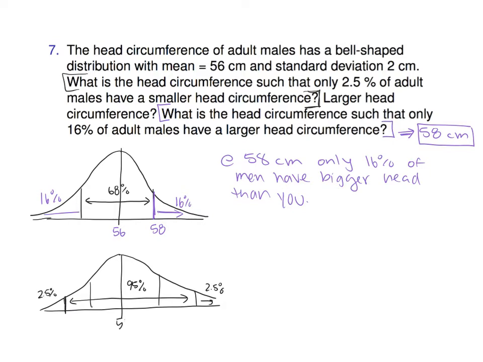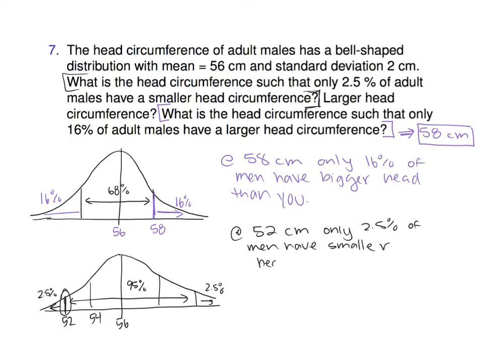Well, if this is 56, this is 54, and that's 52. And if you land right there, only 2.5% of people are below you. So at 52 centimeters, only 2.5% of men have a smaller head than you.